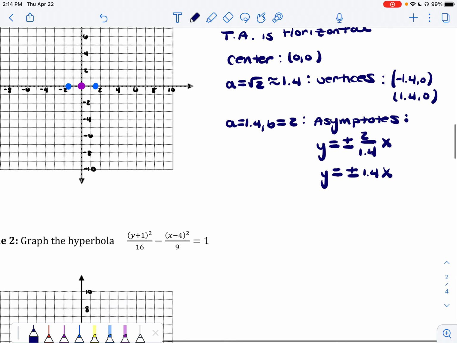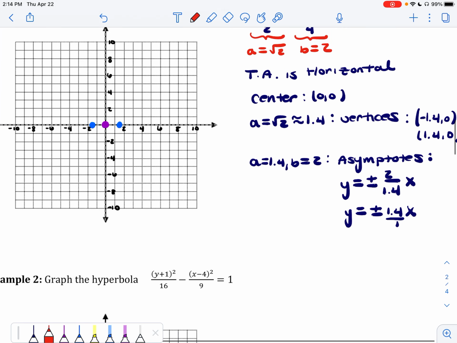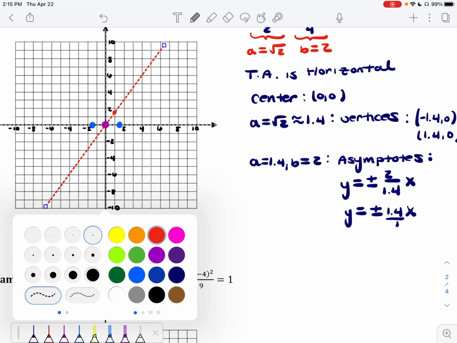So remember, your slope is giving you your rise over run. So basically from the center, I'll do the positive first. So I'm going to go up 1.4, right 1, and then I can go ahead and just connect that with a straight line. And I got my first asymptote.